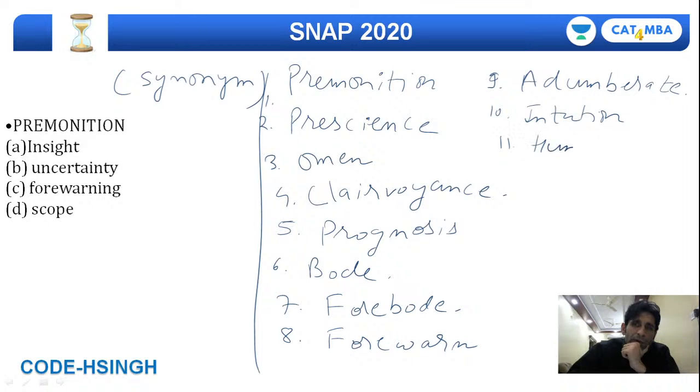So, guys, you can look at all these words. These are the words that commonly go as synonym with the idea of something that gives you an idea of future. Okay, there's one more, prophecy.